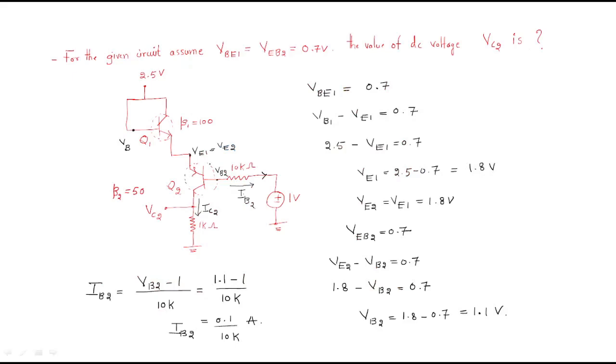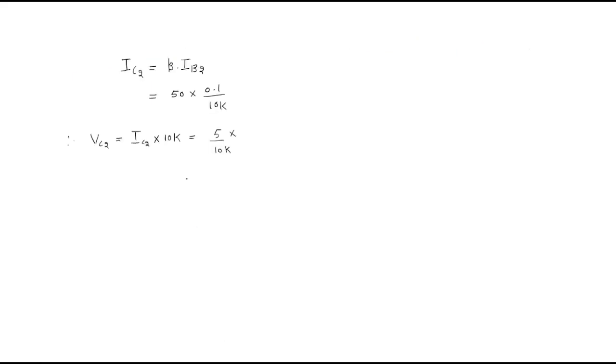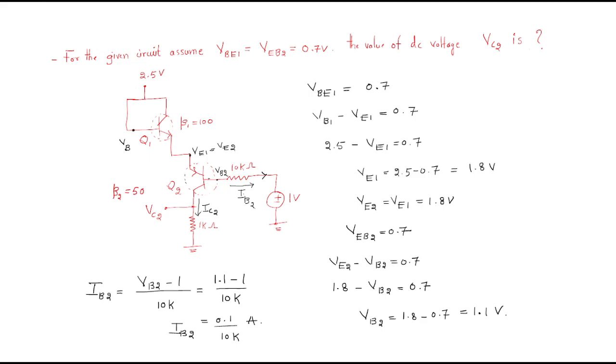What is the resistance value here? This is not 10k, this is 1k. So we can write the voltage across this drop is 0.5 volts. So this is the procedure to find out. The problem is like this.